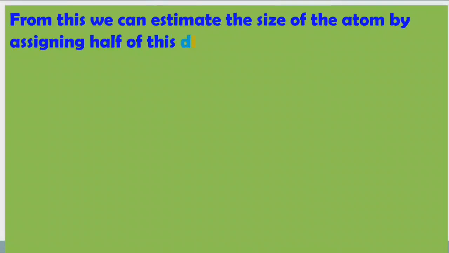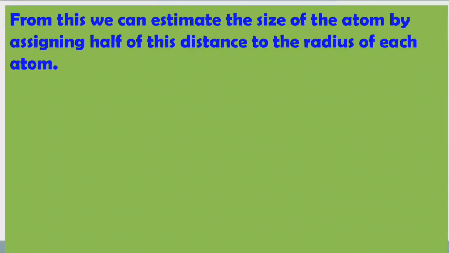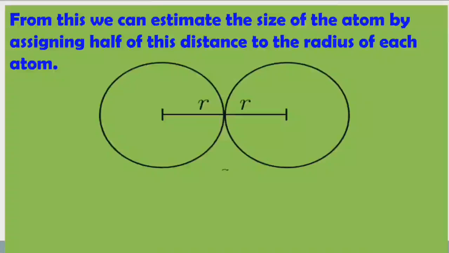From this, we can estimate the size of an atom by assigning half of this distance to the radius of each atom.